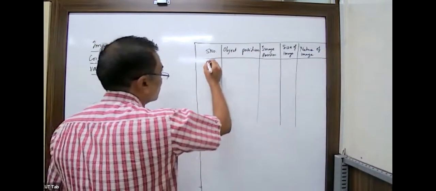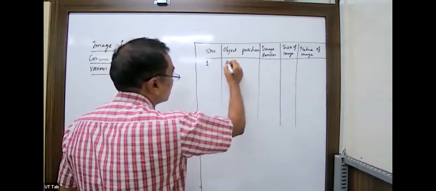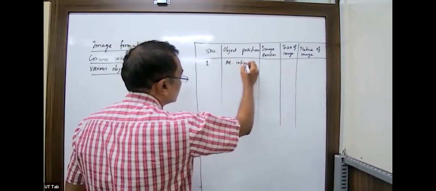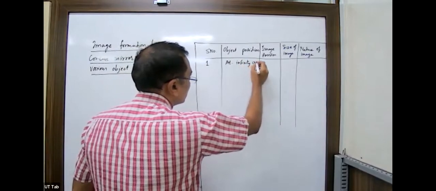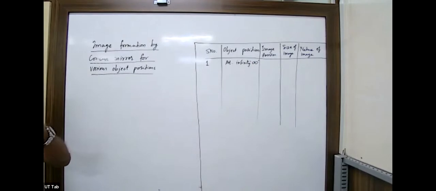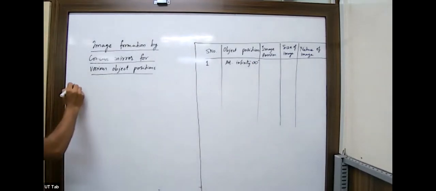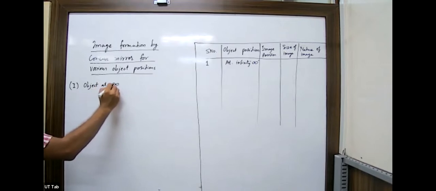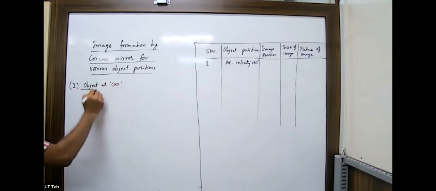So the first object position is at infinity. Where will the image be formed when the object is at infinity? Infinity is the sleeping eight. Infinity means very far away. So the first case is object at infinity. Okay.